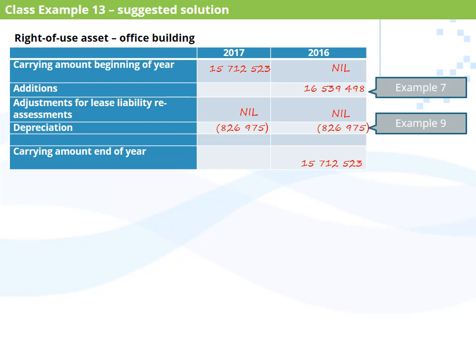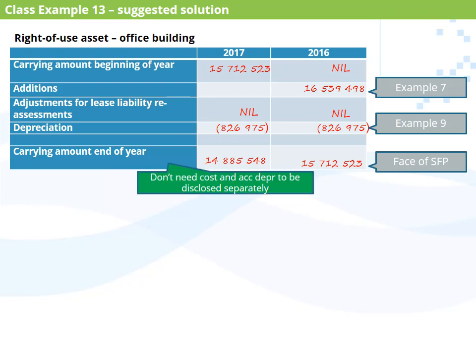Following the exact same logic in 2017, we end up with a carrying amount at the end of the year of 14,885,548. And again, those are the amounts that appear as the right of use asset line item on the face of the statement of financial position. As I mentioned previously, just a reminder that you don't need to split out the carrying amount between cost and accumulated depreciation as in a normal PPE note in IAS 16.